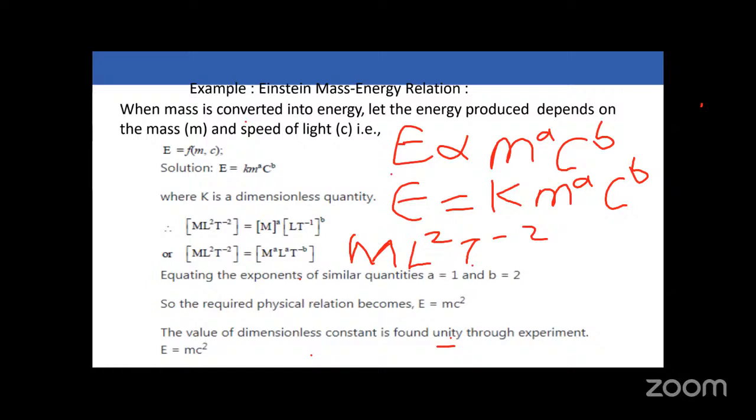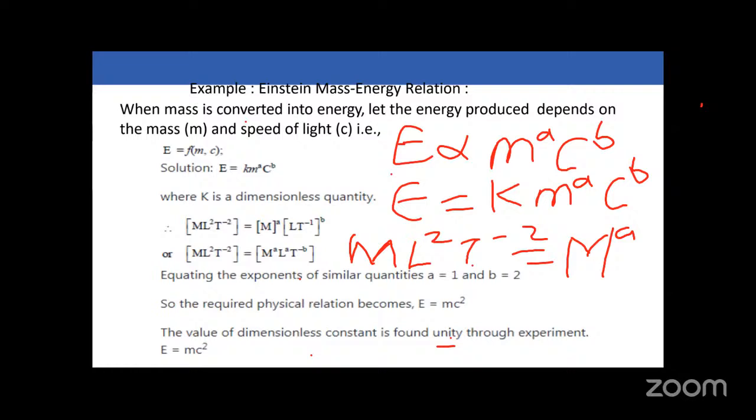Now, what is M? M is mass. So that is capital M^A. What is C? C is the speed of light.